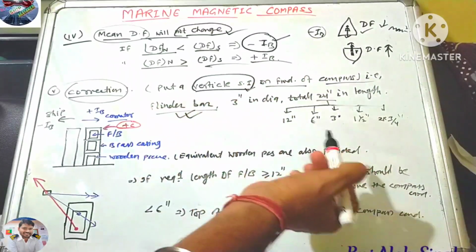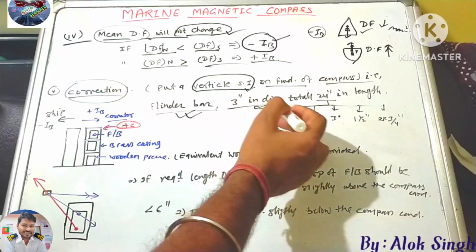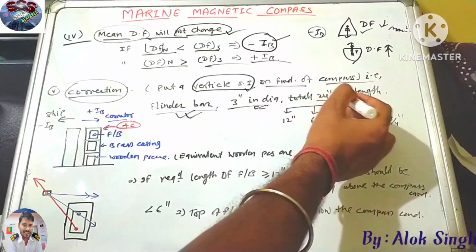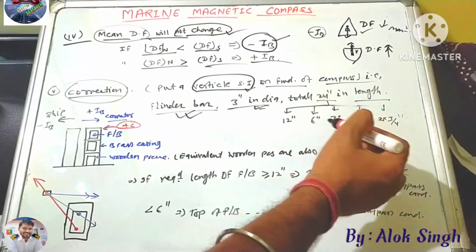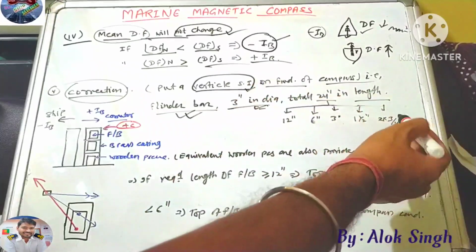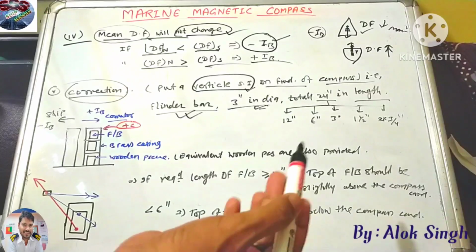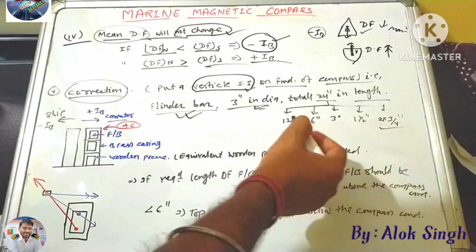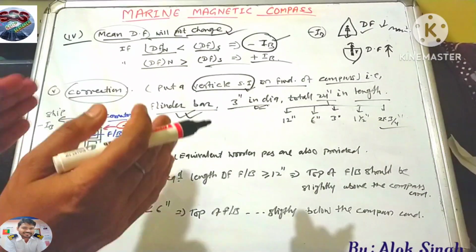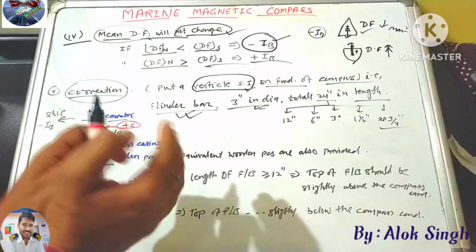And this flinder bar, just for your knowledge, is 3 inch in diameter, total 24 inch in length, and it was divided 12, 6, 3, and the same figure reducing to less than a half, meaning half of 1.5, that is 0.75 inch. So from there till 12 inch. So we need to put this soft iron in the form of a flinder bar forward of your compass.